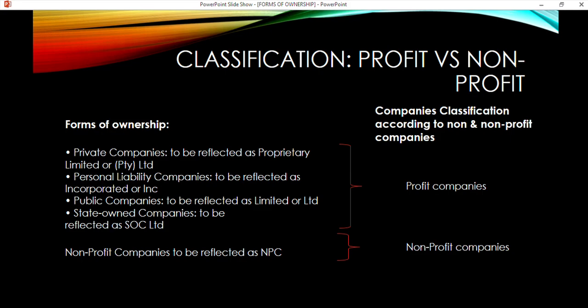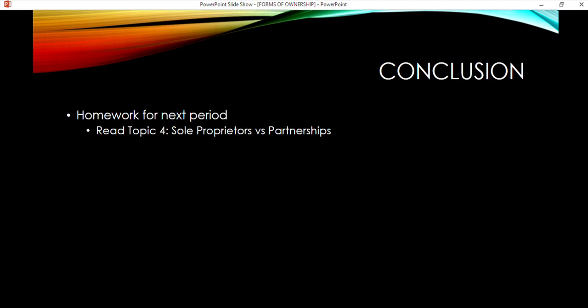So what you also need to know today is the forms of ownership, and what is profit and non-profit. Basically, everything is a profit company, from private companies, personal liability companies, public companies, state-owned entities, and your sole proprietors and partnerships. But the only non-profit company is a non-profit company. Hope that makes sense.